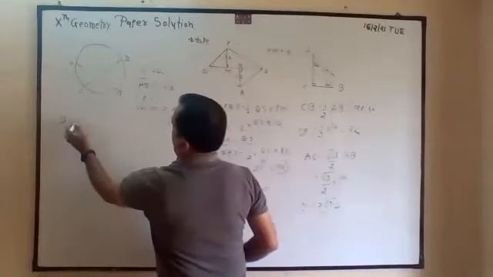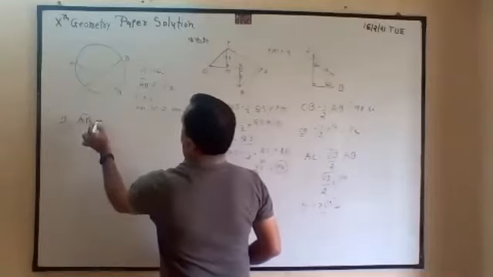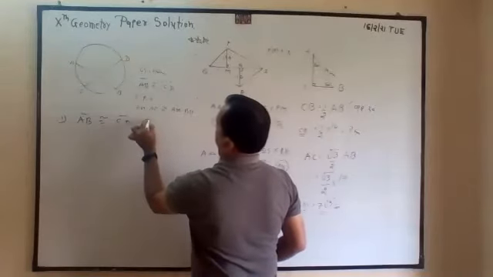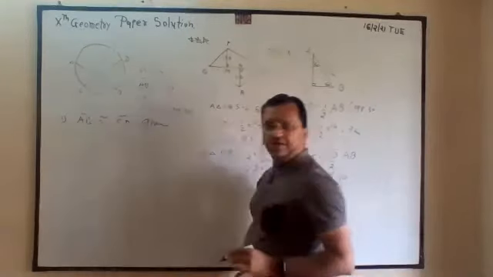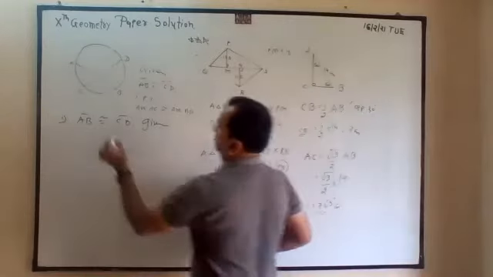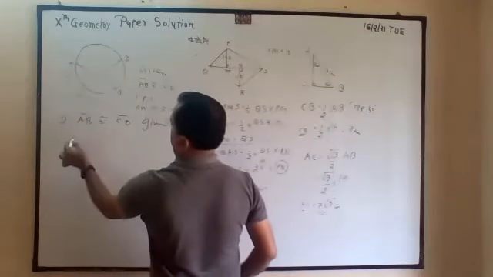First point, what is given? AB congruent CD, given. Therefore, arc for AB, it is this.